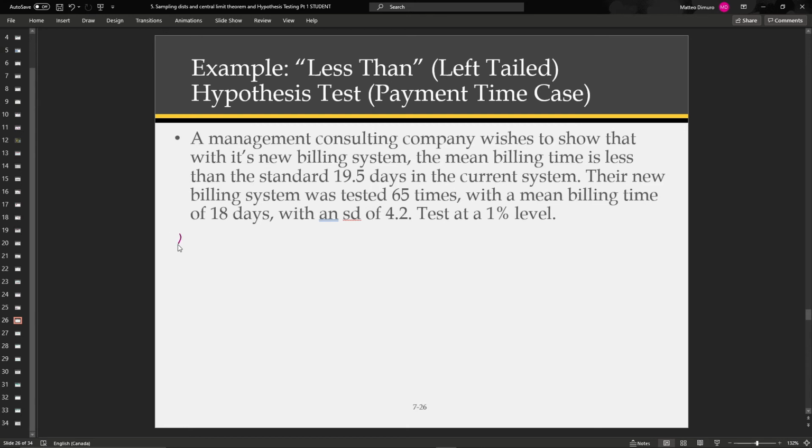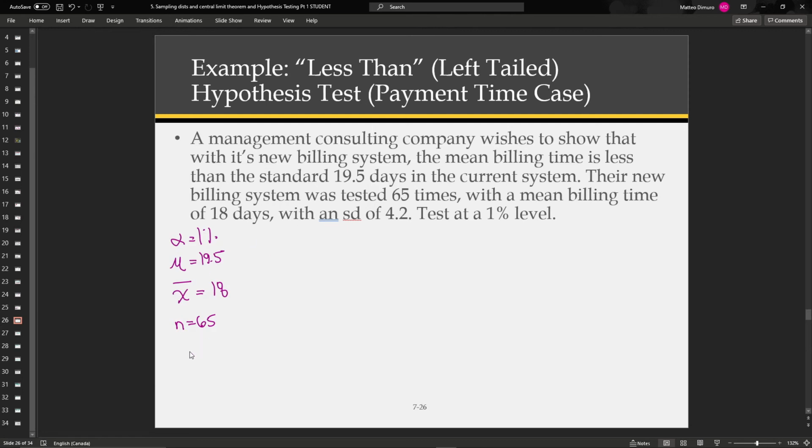Okay, so we know alpha is 1%. The mean billing time the old system had was 19.5 days. Now, when they did their sample of their new system, so that's X bar, it was tested 65 times, so N is 65, and they got a mean billing time of 18.